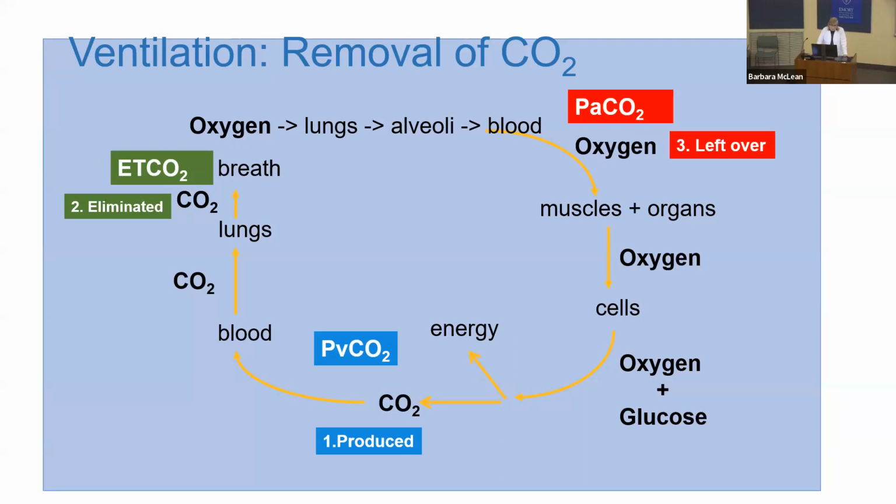Okay? If my venous CO2 is 60 and my arterial CO2 is 30, what do I think now? Venous CO2 is 60 and arterial is 30. You're eliminating too much.